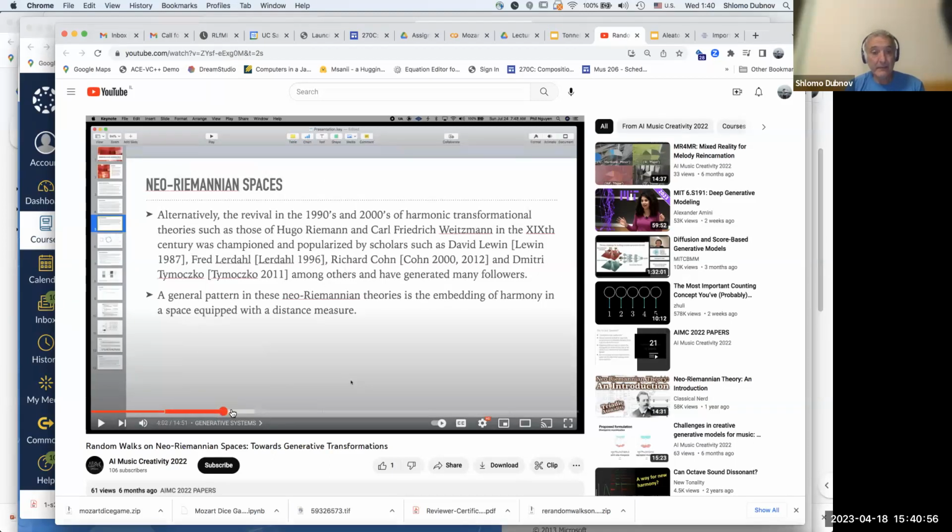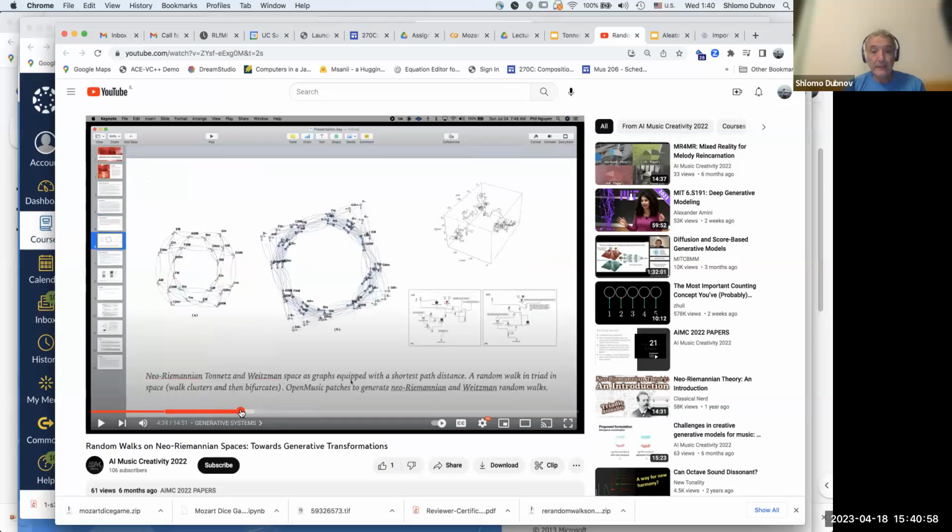He also mentioned Weizmann spaces and other representations that take into account maybe more possible relations between intervals, and claim that using these relations and representing them as vectors... So one thing is that geometry of relations. If you represent something as a vector, then you assume that you can use dot products or Euclidean distances and norms to measure distances between these events.